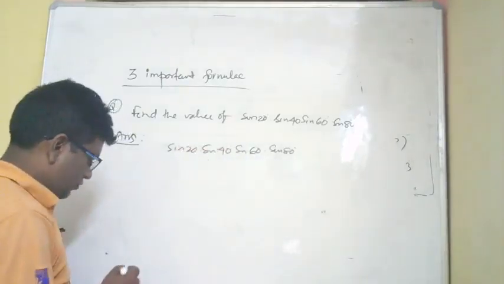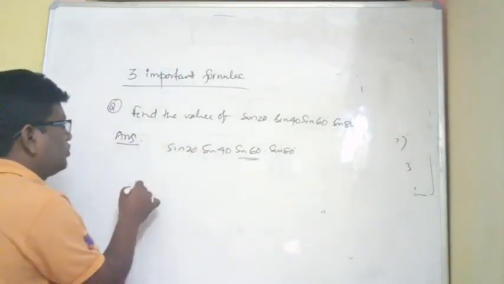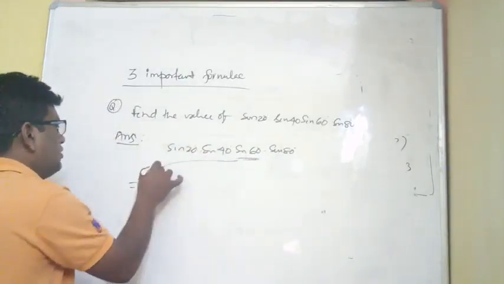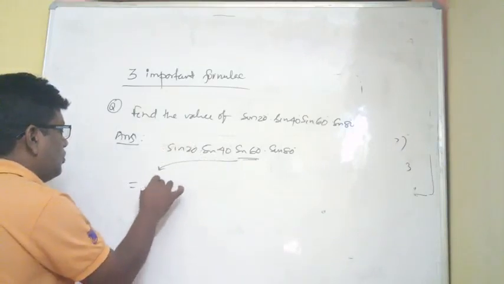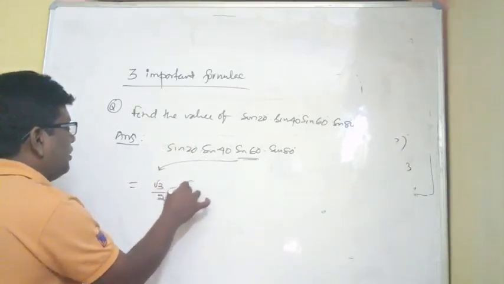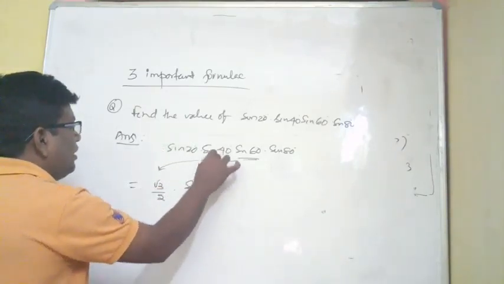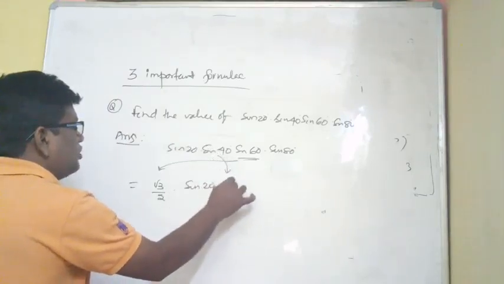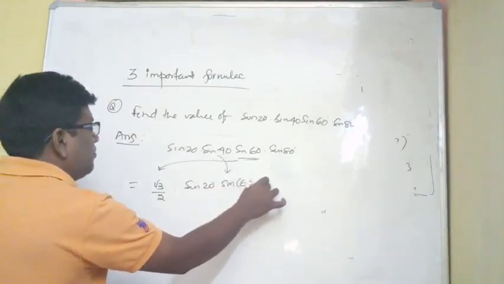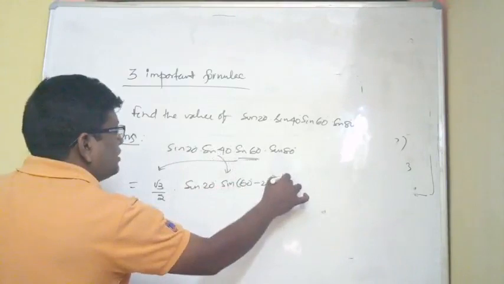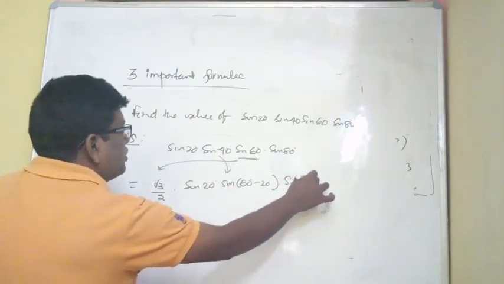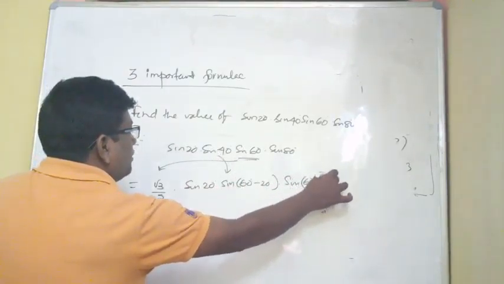We know the sin 60° value, so put sin 60° equal to √3/2 into sin 20°, and sin 40° means sin(60° − 20°), and this is sin(60° + 20°).